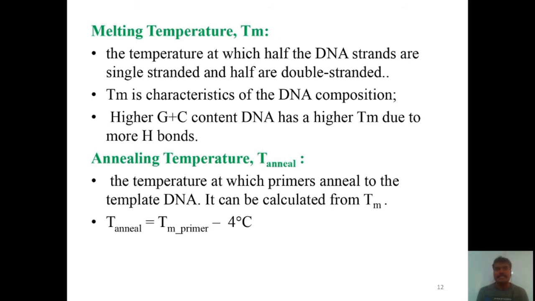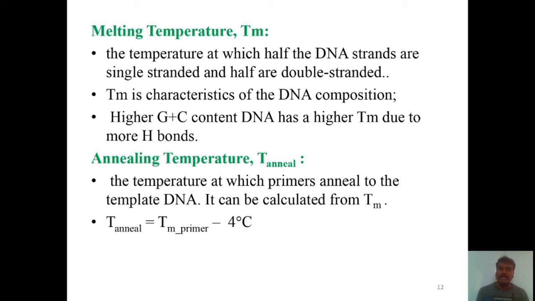Melting temperature depends entirely on the composition of DNA, that is, which bases are present. If it has high GC content, the melting temperature will also be higher because of the triple hydrogen bond. It requires a higher temperature to break the triple hydrogen bond, instead of the double hydrogen bond between the A and T bases.